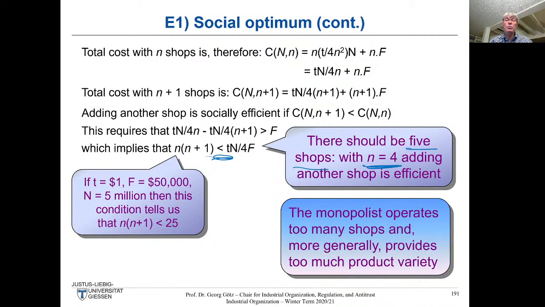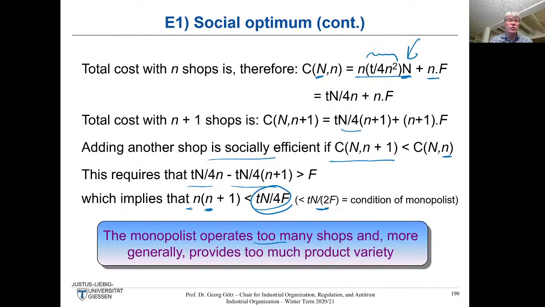Why is that so? I think I explained that on the other slide or in the notes. Why do we get this result? Under what circumstance does the social planner operate an additional shop? If it reduces the total cost. Under what circumstance will the monopolist open up an additional shop? If it increases its profit.